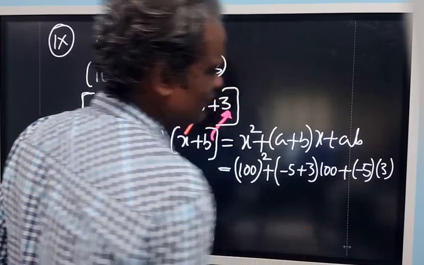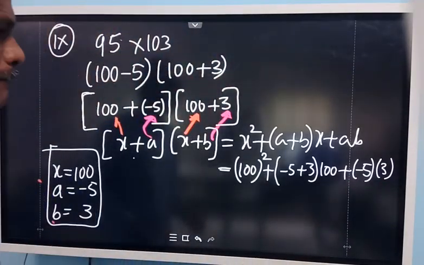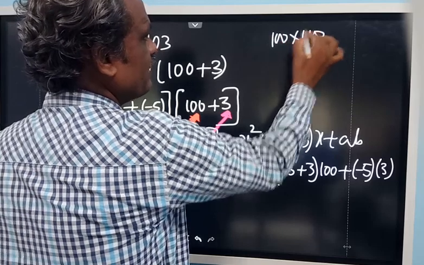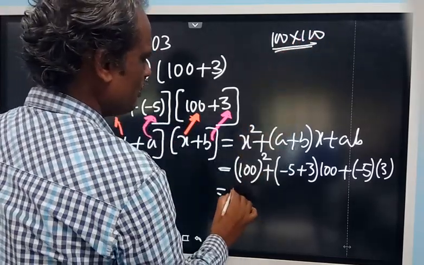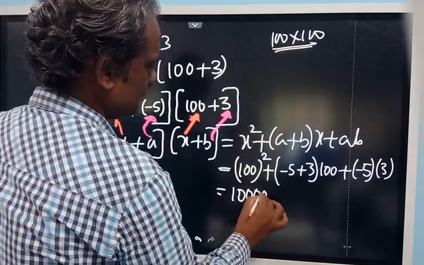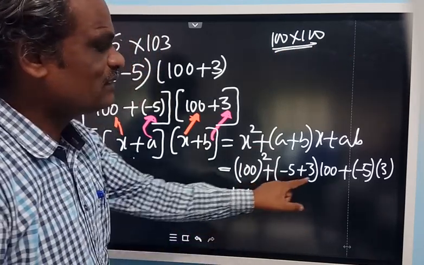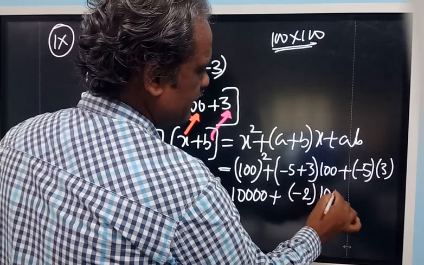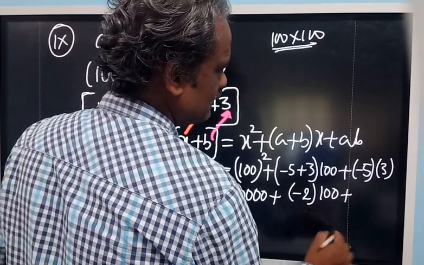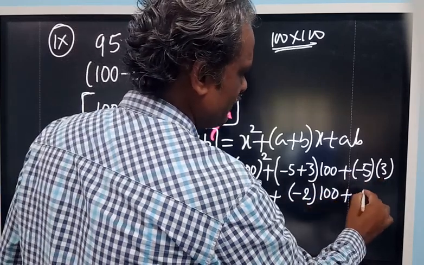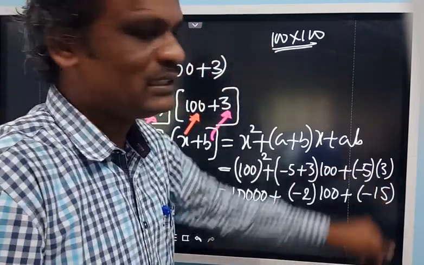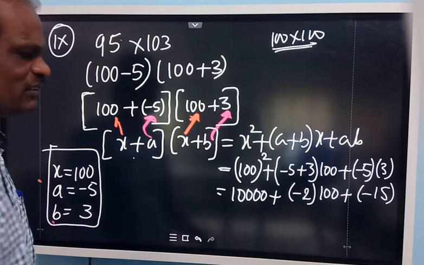So 100 square, 100 into 100, is 1 followed by 4 zeros. Plus minus 5 plus 3 gives you minus 2, into 100, plus multiply minus 5 and 3, which means minus 15 will come.